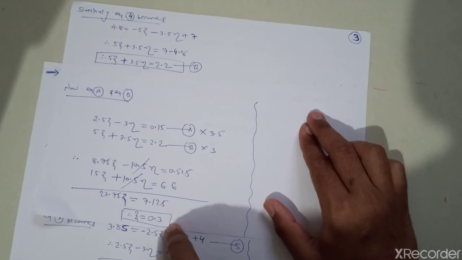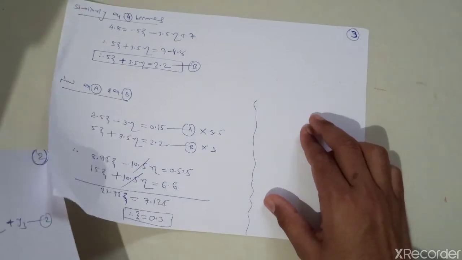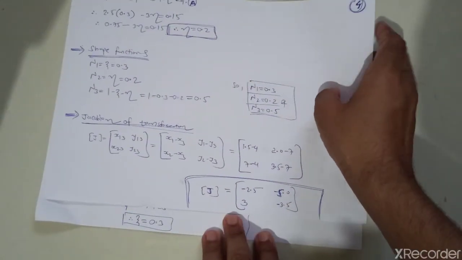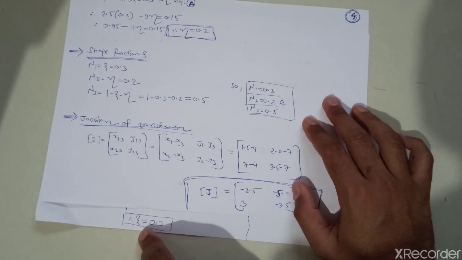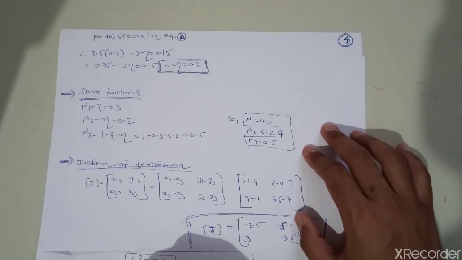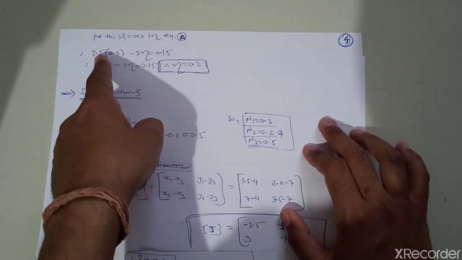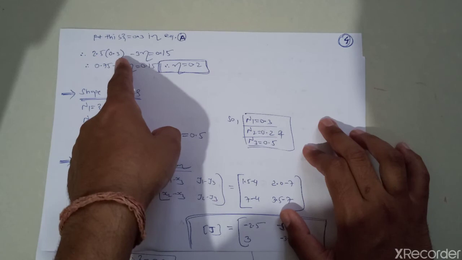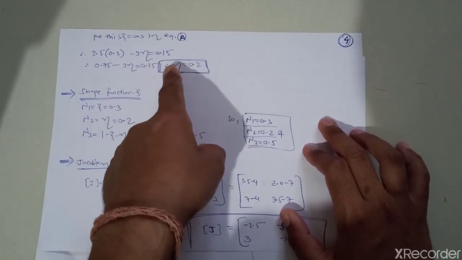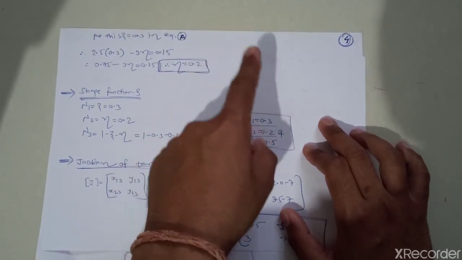Now we put this zeta in equation A. When we put zeta equal to 0.3 in equation A, we get 2.5 times 0.3 minus 3 eta is equal to 0.15. So we finally get eta is equal to 0.2.